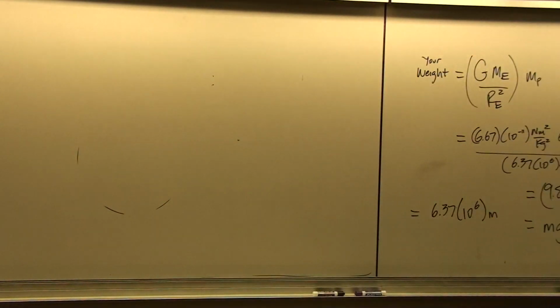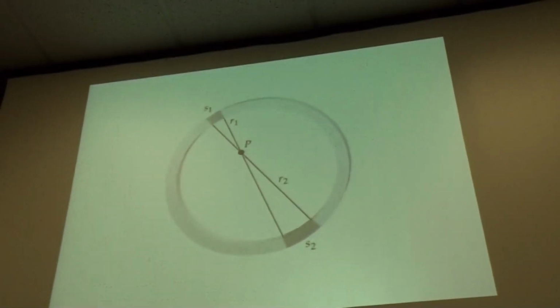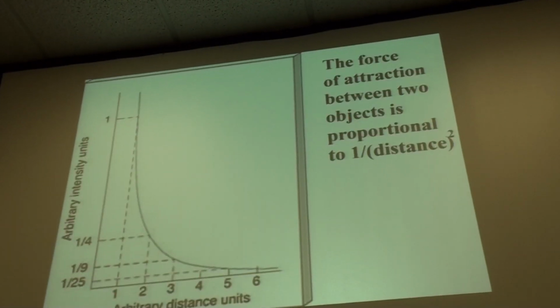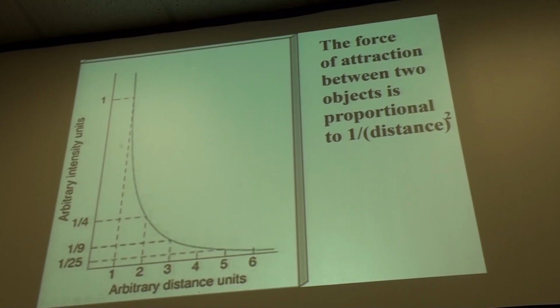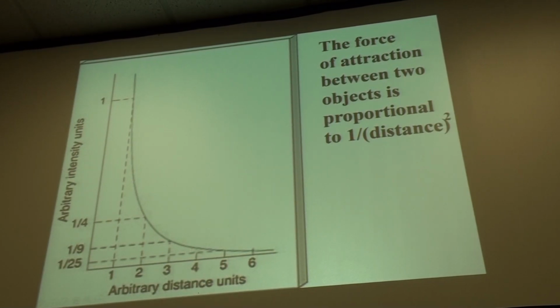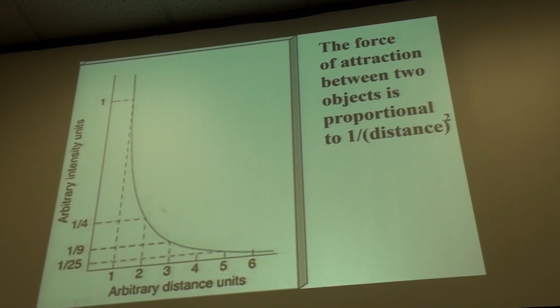So if we just look up at the data projector for a second, we can see, first of all, this is the plot of the force of attraction between two objects as a function of distance. And it goes like a 1/r² plot. So if you double the distance, that's 1/4 of the force.